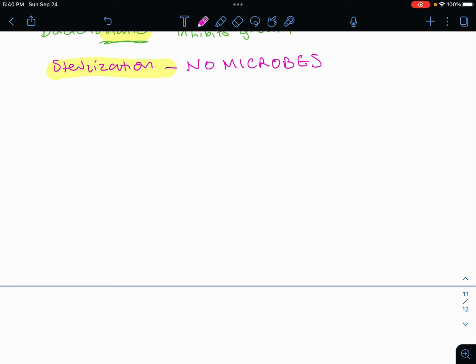So when we say no microbes, this includes no bacteria and no viruses, but prions, those misfolded infectious proteins, are still going to be present. Prions are extremely difficult to get rid of, and one technique would be raising the temperature to such a high degree that it will potentially end the prions, but that is a very complicated process. It takes a lot of energy input. So sterilization gets rid of everything except for prions because they're just so hard to get rid of.